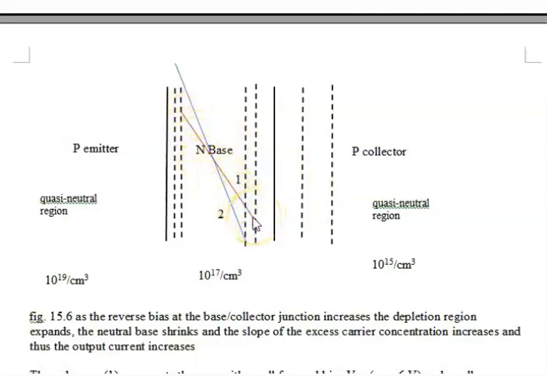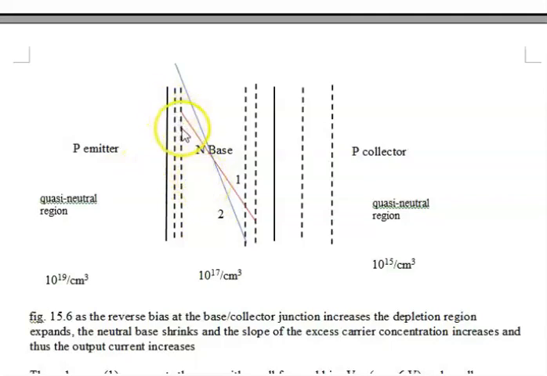We do have operation. We have a collector current. We have holes injected from the emitter into the base, and the current is given by the slope of the red line.